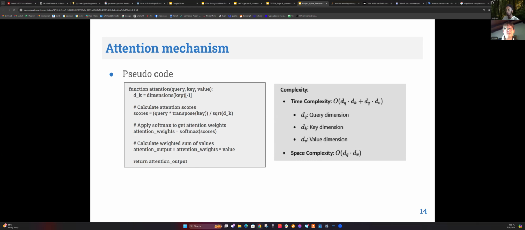Then we get the attention weights using the softmax scores, and basically these values, which are between 0 and 1 and sum to 1, represent how much each value attends to the other values. And this is a very straightforward matrix multiplication, so we use the previous formula. We have two multiplications here, between the query and the key, and again between the weights and the value. Those two are shown here in the time complexity representation.